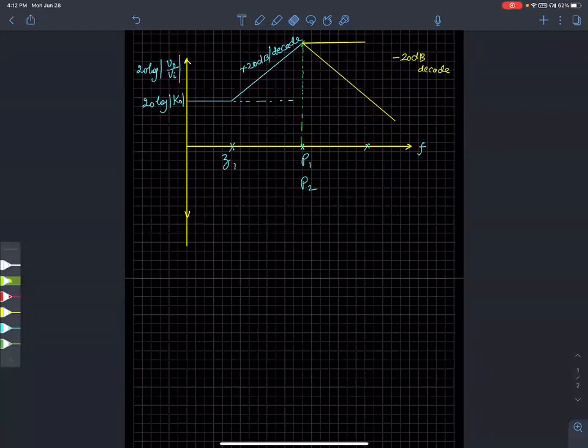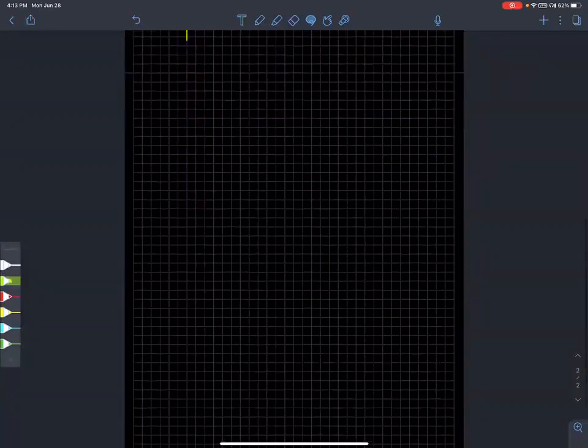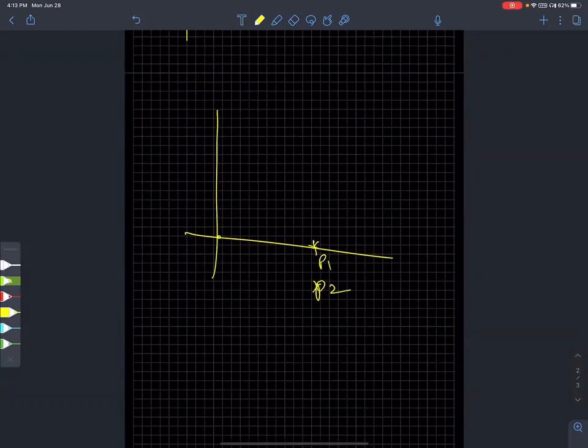If this zero were not present and the poles were sitting right on top of each other, it is very straightforward to see. If you have two poles sitting here, pole 1 and pole 2, in the absence of a zero, the magnitude response does not change at all until it hits the pole frequency.